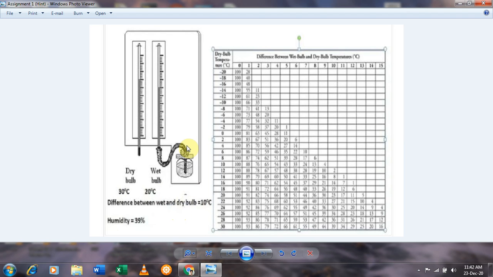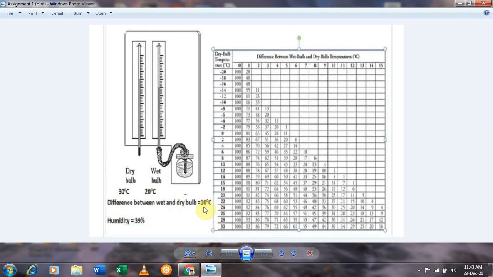Now we have to calculate the relative humidity. By using this chart, you can see the dry bulb temperature on the left side, and 30 is the last one. First I will point to this 30, and then on the right side you can see the difference between the wet bulb and dry bulb temperature in degrees centigrade.